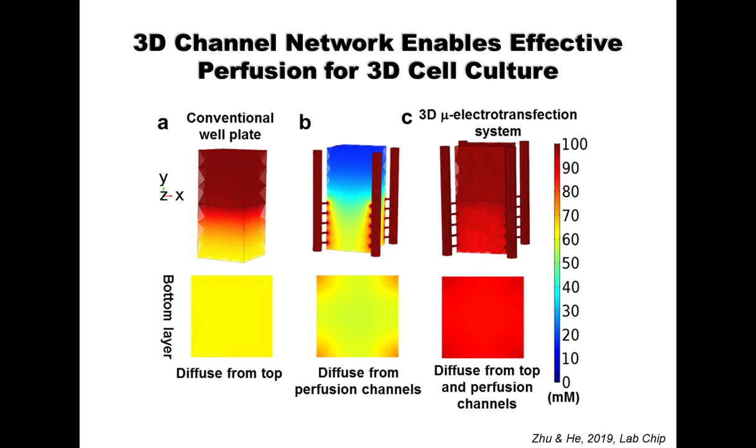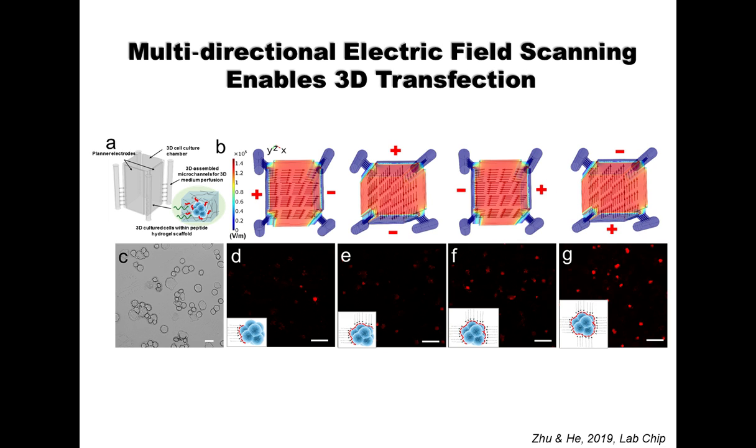So as we see in figure C, we generate the 3D microfluidic electro-transfection system with a three-dimensional channel network and a diffusion from top and perfusion channel, and it can go much faster and allow this perfusion to happen very quickly in seconds. Much better than the conventional well-plate cell culture system.